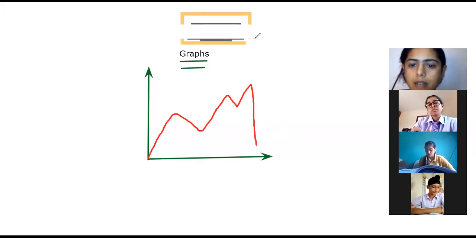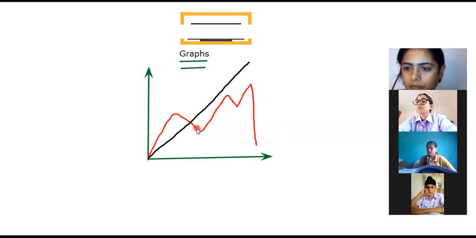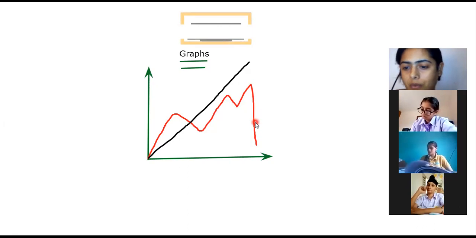And the second company's data is like this with the black line. So what you find from here is that the company with the red line, let's say company A, first grows when started, then it comes down a little, in the loss, then again goes to profit, again comes down a little, then goes to profit, and now for so long it is just coming down and down and down.